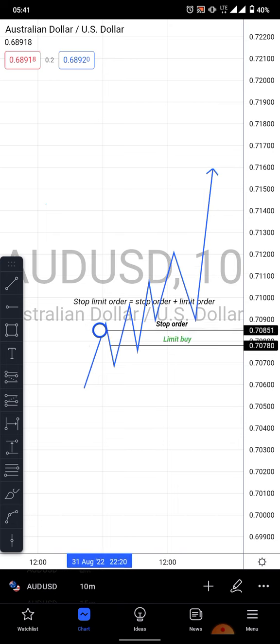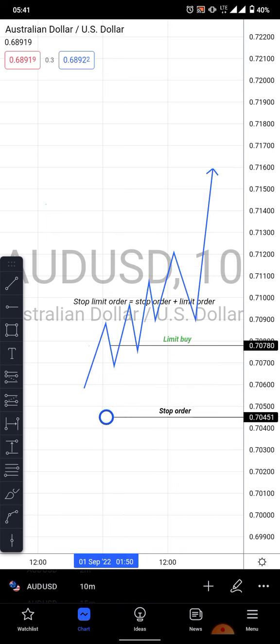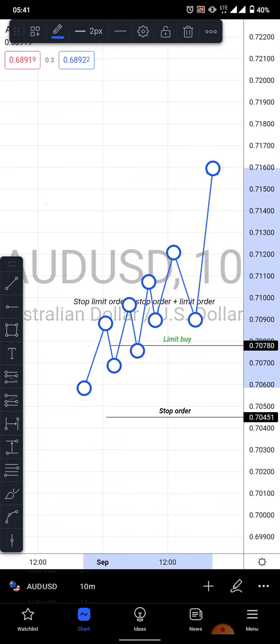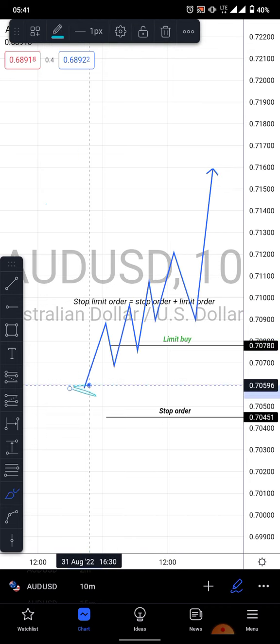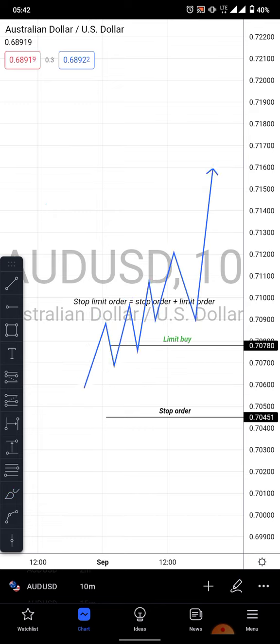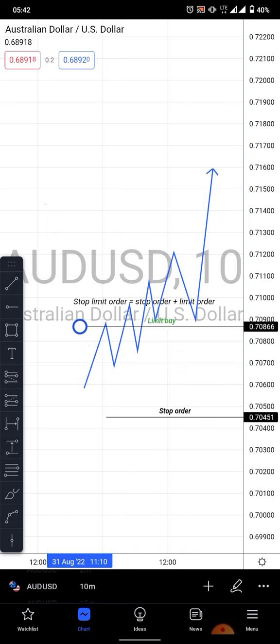So this stop order will be below the market price. Let's say this is the current market price here. So the stop order will have to be below it, and the limit order for you to sell limit has to be above the market price.